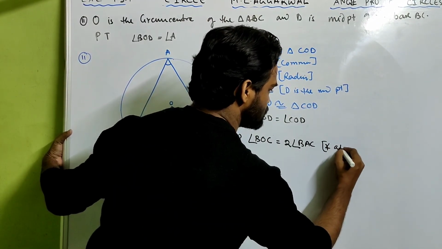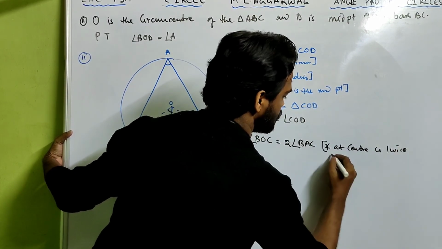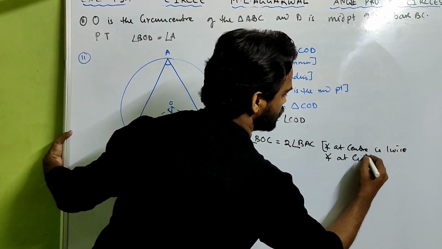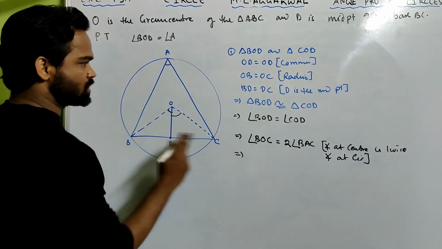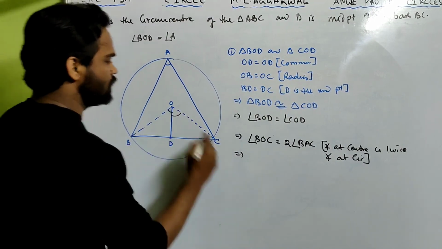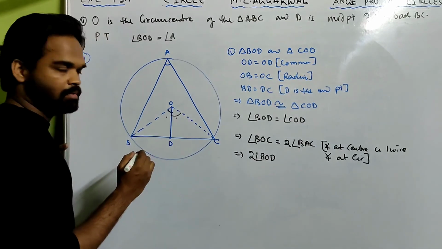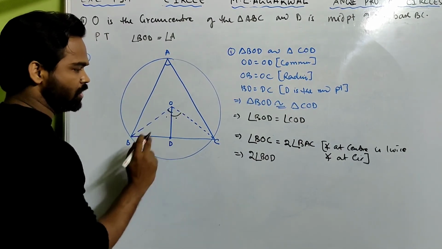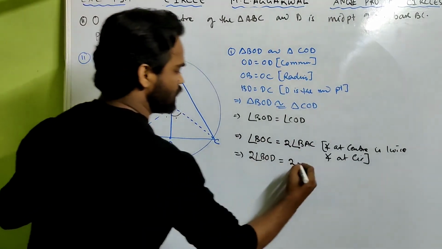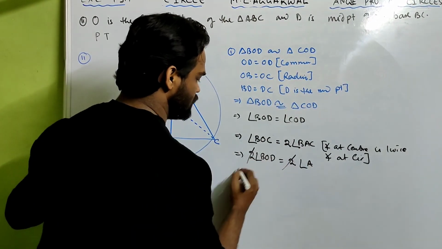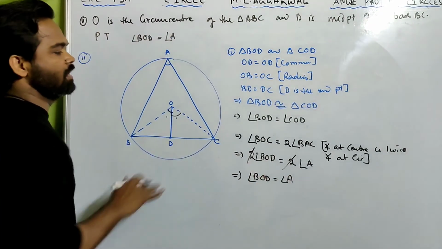Now look, instead of BOC, can I write twice BOD, because these two angles are same? So instead of the entire angle, I am writing BOD 2 times. This is equal to twice BAC, which is nothing but angle A. Which means angle BOD is equal to angle A.